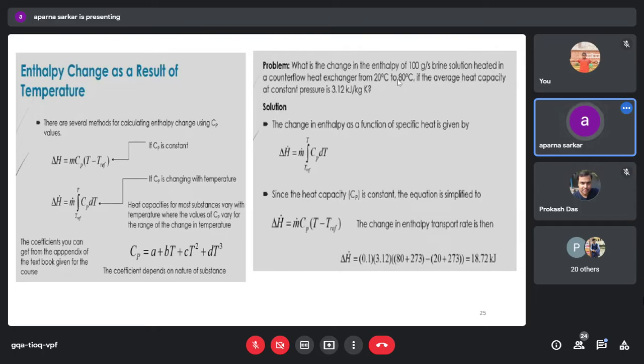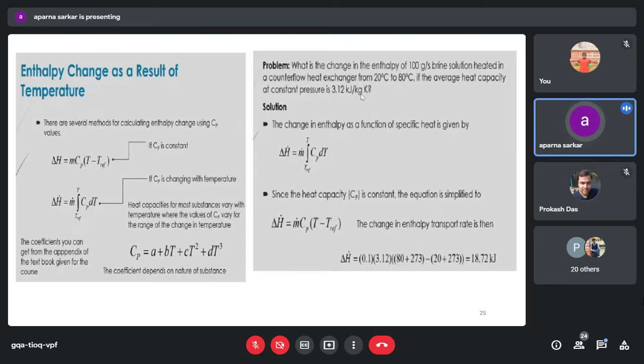Mass flow rate is given, and the temperature is given. If the average heat capacity at constant pressure is 3.12 kilojoule per kg Kelvin, then what is the change of enthalpy?